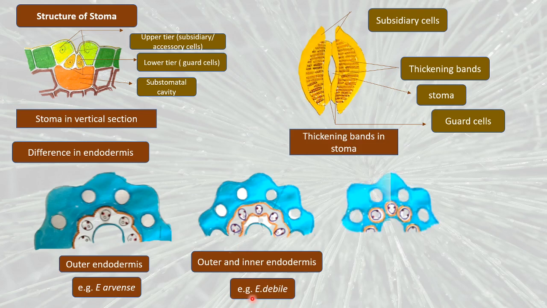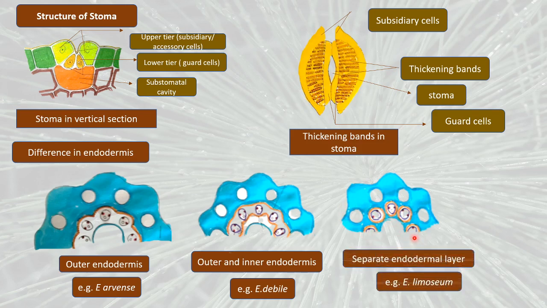And the last one is where an individual endodermal layer is present around each vascular bundle, right? So this is a totally separate endodermal layer. An example of this is Equisetum limosum, right? So I hope this difference is clear.